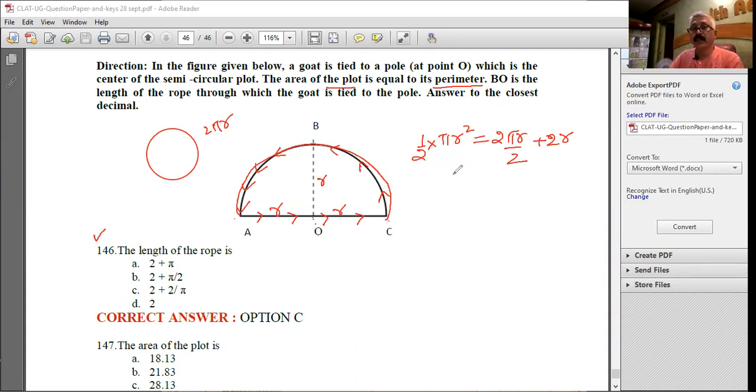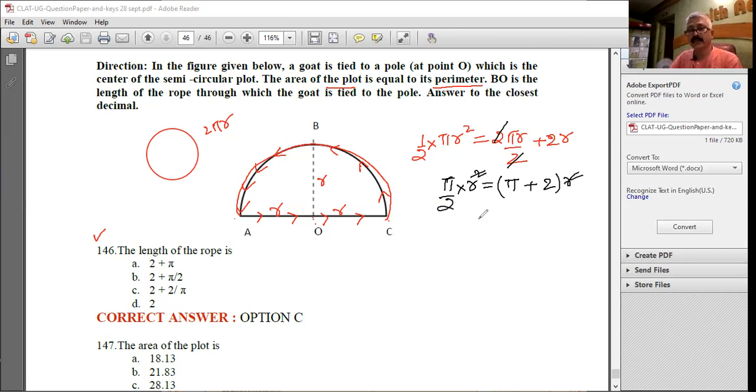Now see, r square here, taking r common, it will be pi by 2 r, and the pi cancels, and plus 2. Correct? I think you are getting, after taking common, this and this cancel.